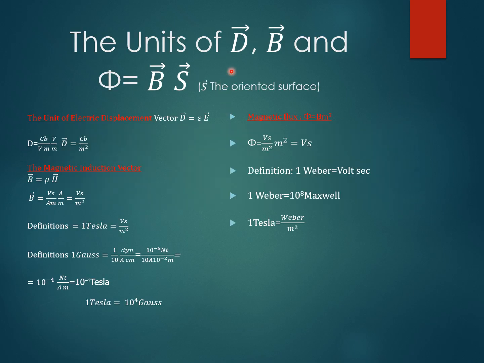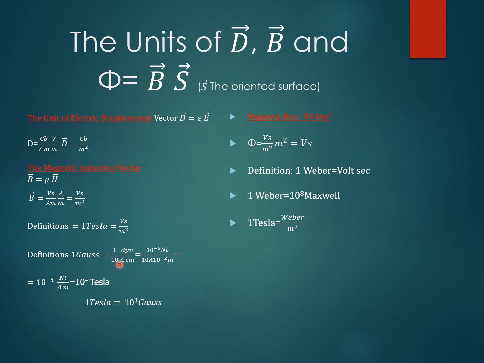The units of D, B, and the flux phi equals B times S, the dot product: the unit of the electric displacement vector D equals Coulomb over meter square, and for the magnetic induction vector B it equals volt times second over meter square, and we define 1 Tesla equals volt second over meter square.